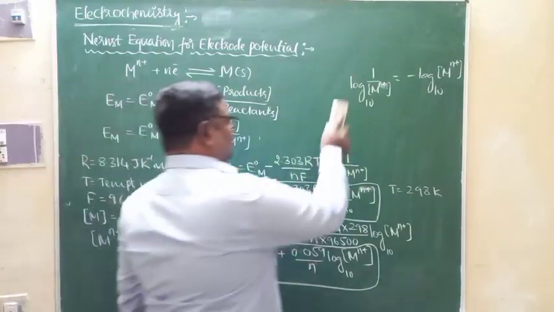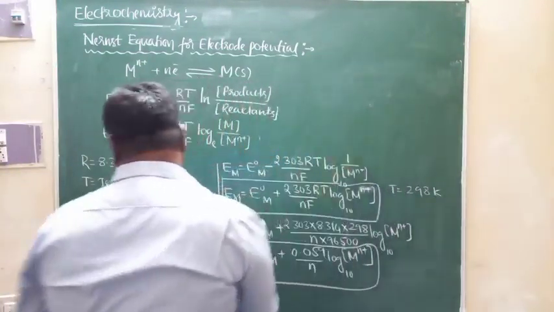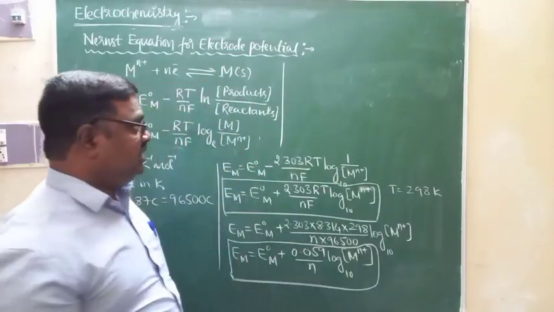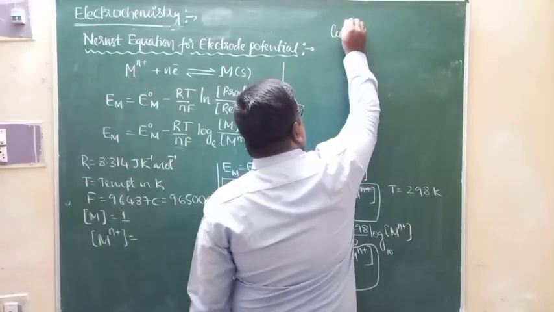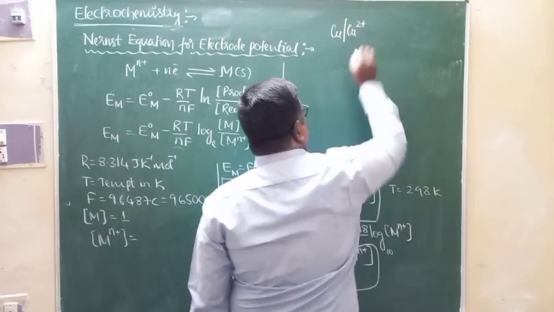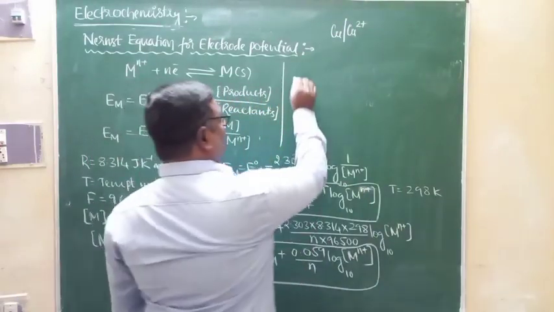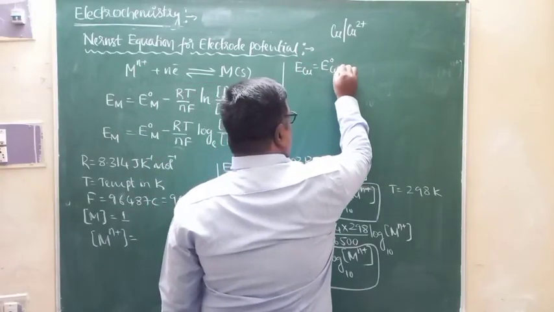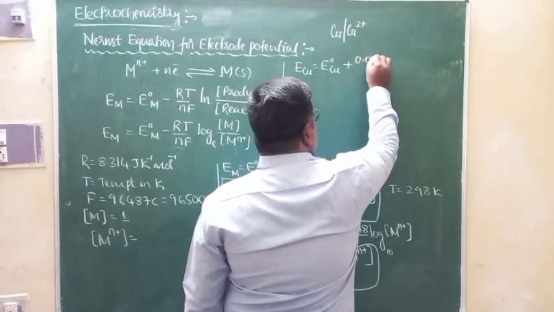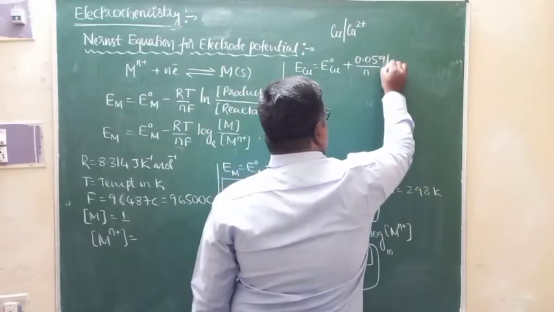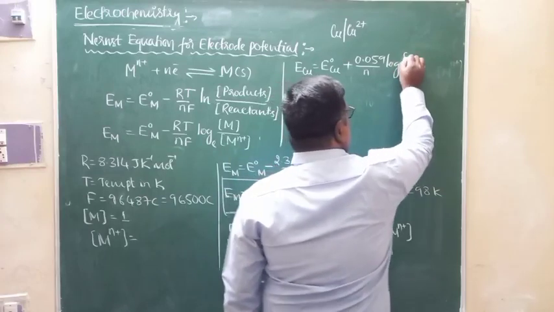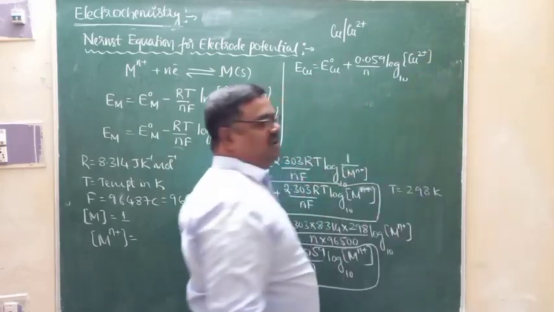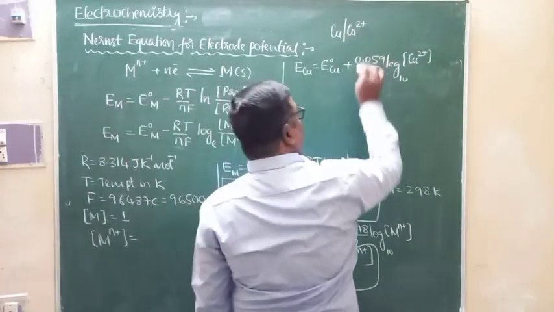Now I am going to write the Nernst equation for different electrode systems. For example, for the copper electrode system, copper and copper 2 plus, I write the Nernst equation as E of copper is equal to E naught of copper plus 0.059 divided by N, log to the base 10 of the molar concentration of copper ions, where N is equal to 2 here.